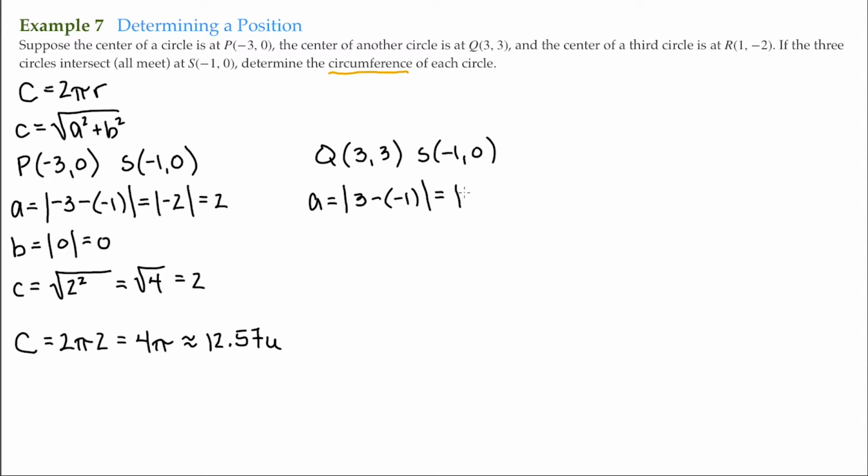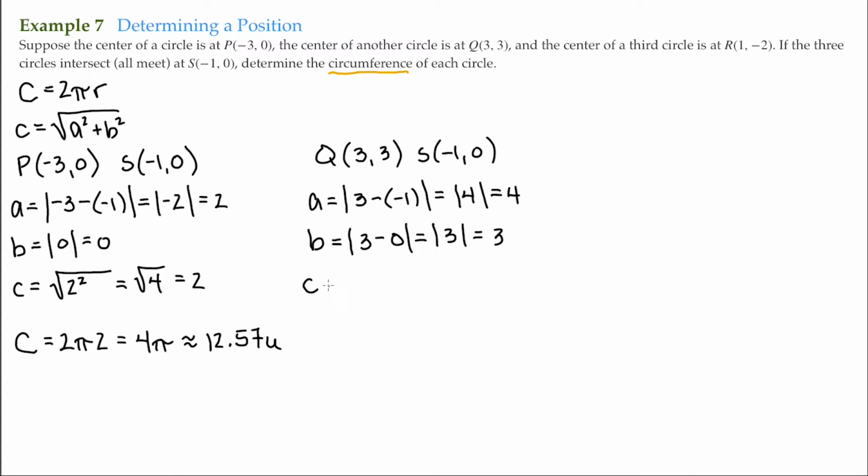That's equal to the absolute value of 4, and the absolute value of 4 is 4. B is the difference of the absolute value of the y-coordinates. That's 3 minus 0. That's the absolute value of 3, and the absolute value of 3 is 3.